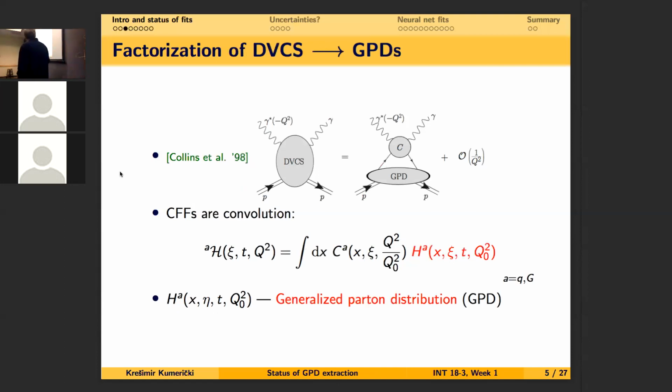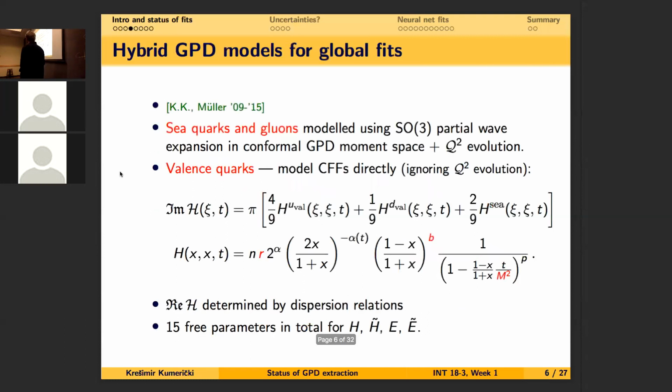However, I will mostly stick to the extraction of the Compton form factors, because this is the first step that we are trying to do, and good knowledge of form factors will then, we hope, translate into knowledge of GPDs. Also, Compton form factors have the advantage that they depend on one kinematic variable less, which turns out to be very important in data fitting.